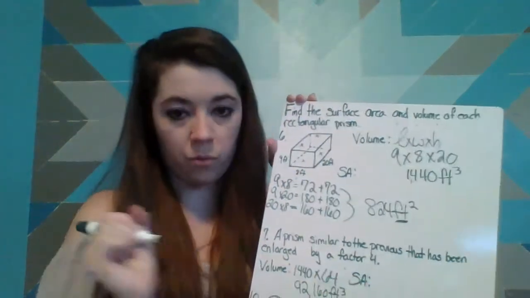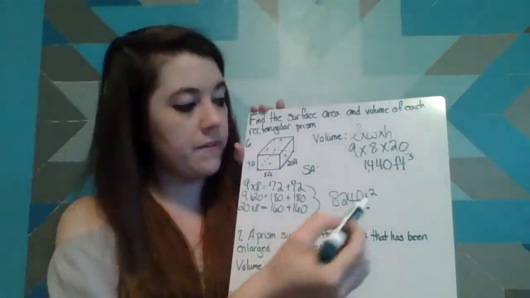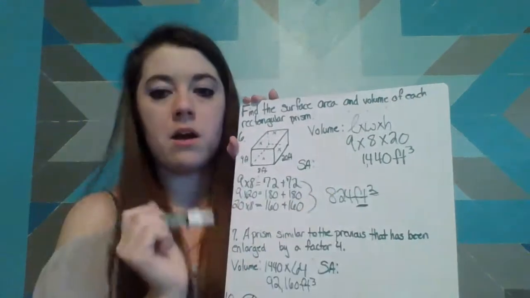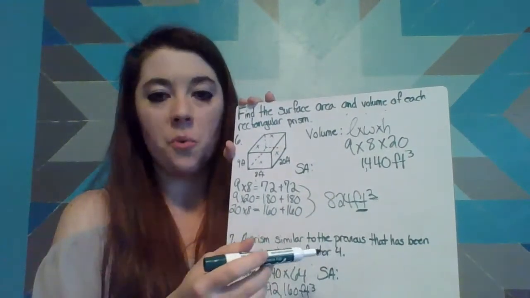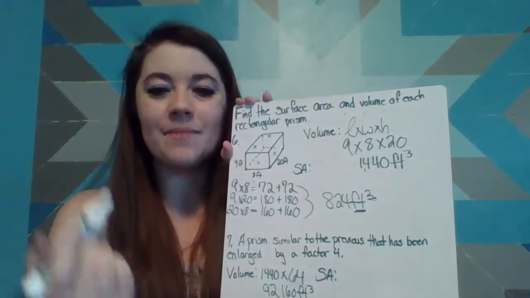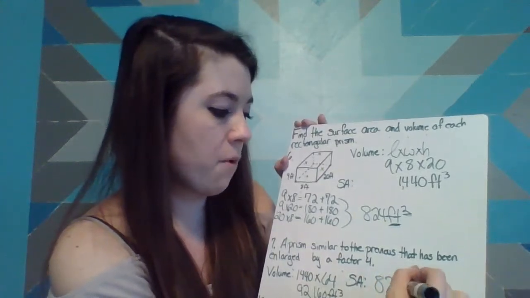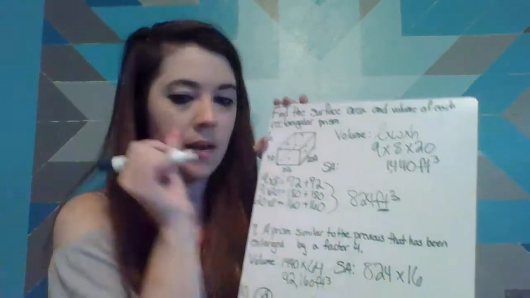feet cubed. So now for surface area, now remember, surface area is a squared value, so we're going to square our factor, so 4 squared is 16, so we're going to take our surface area, 824 times 16.